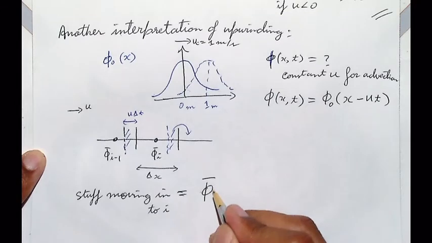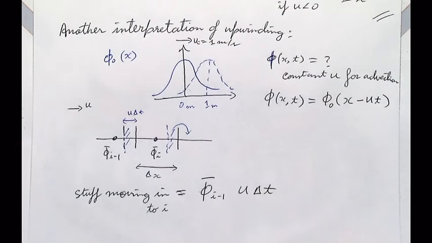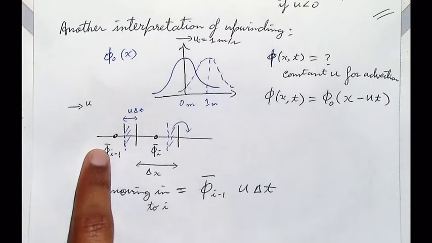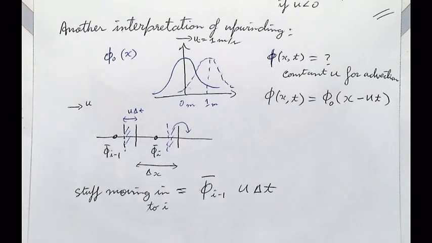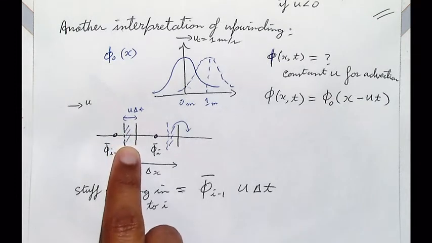Phi bar i minus 1 u delta t. Let me see, will there be a delta x? I guess not. No. Because when you want the full cell content, you take phi bar multiplied by delta x. When you want only this partial cell, yeah, you're right.